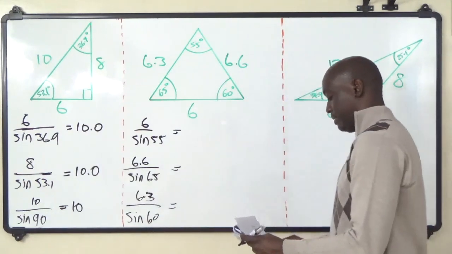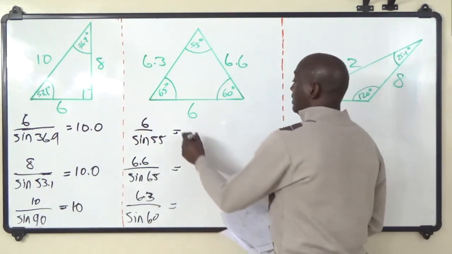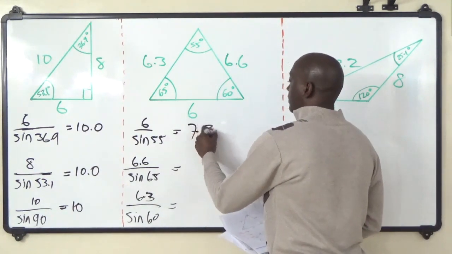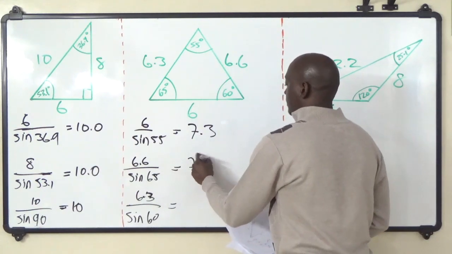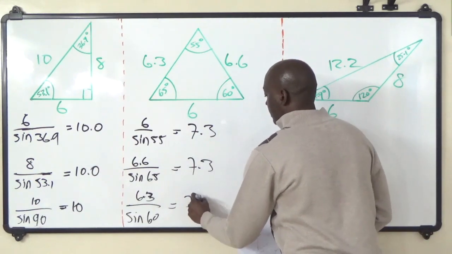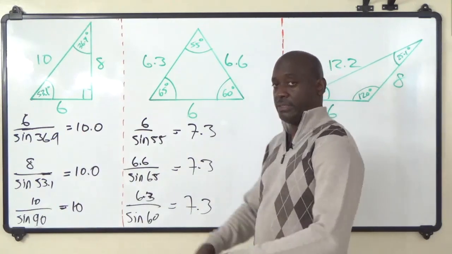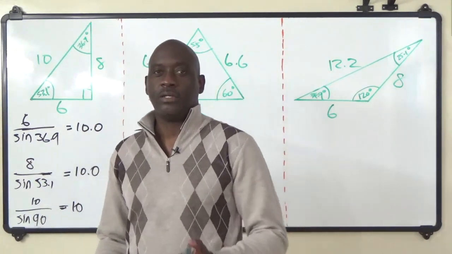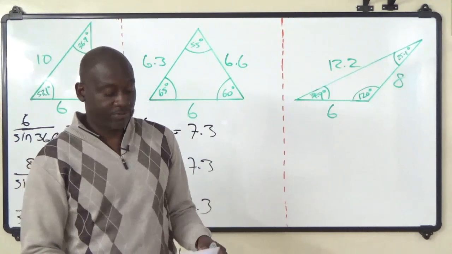In this case, you would find when you do the actual maths that you get 7.3 here, 7.3 here, and 7.3 here. Taking into account, of course, the accuracy with respect to the decimal places and so forth.